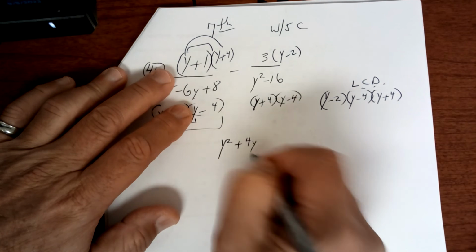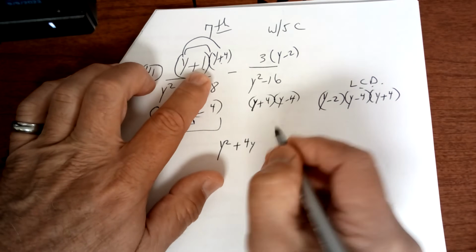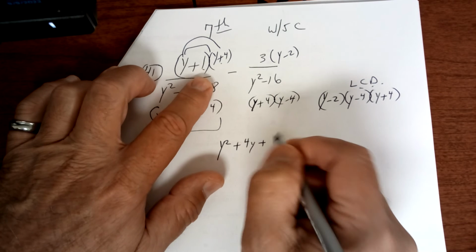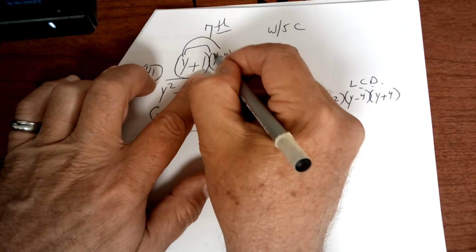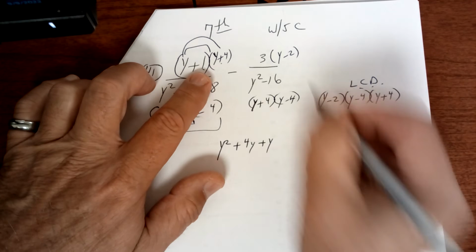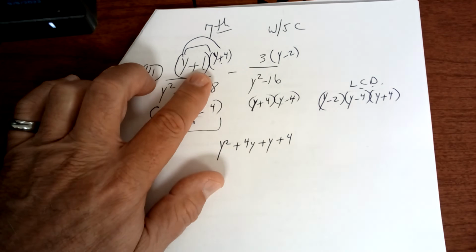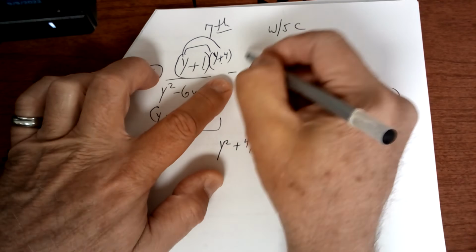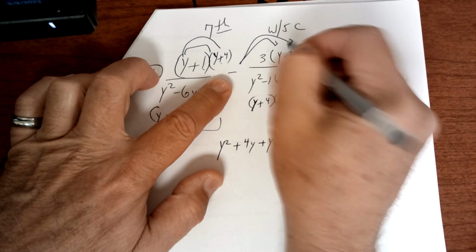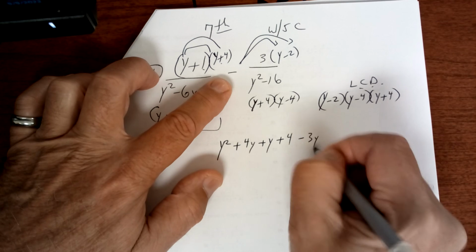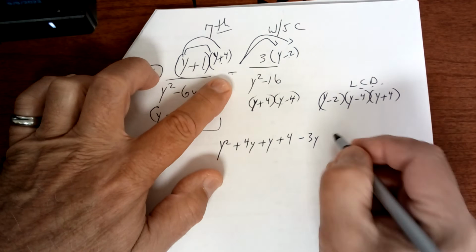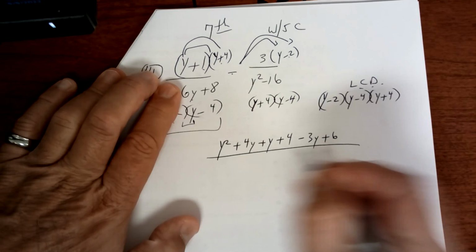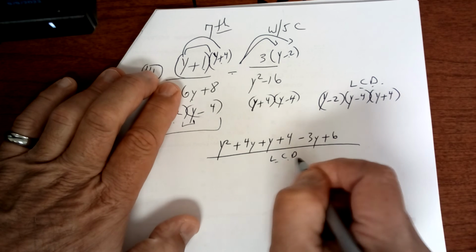You go to the next term, which is plus 1, or rather y, 1 times y. And then 1 times 4 is 4. And then over here, you're going to distribute. So you're going to get negative 3y, negative times a negative, so positive 6, all over your least common denominator, which is all of that.